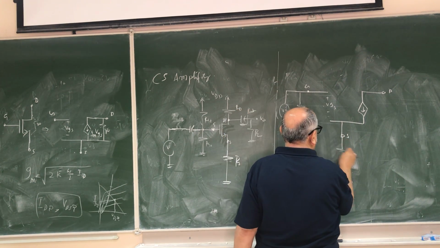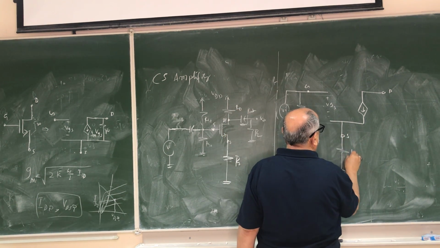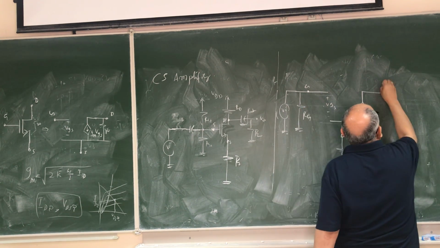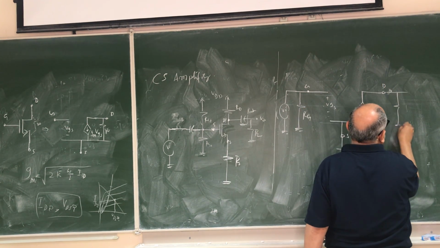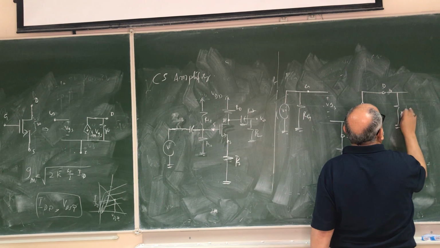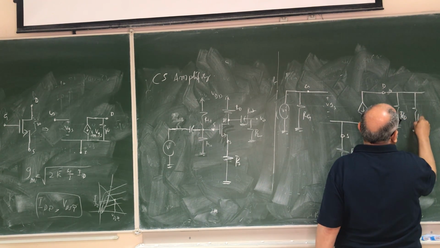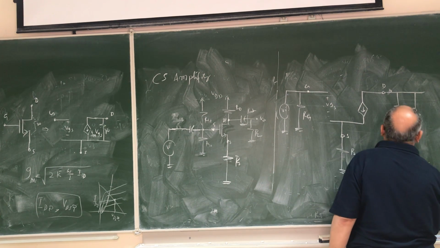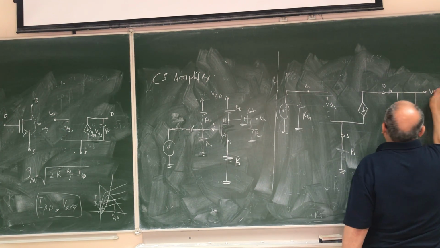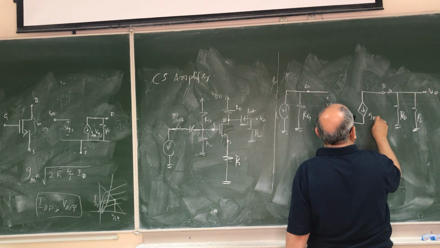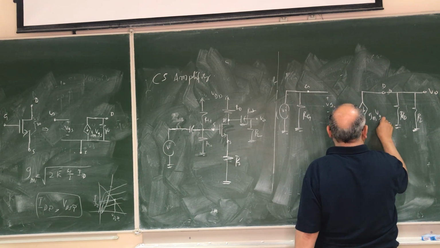From the source we have a resistance RS to ground. And from the drain side, we have the same thing, RD and RL. This is your V out now. This current source is GM VGS.